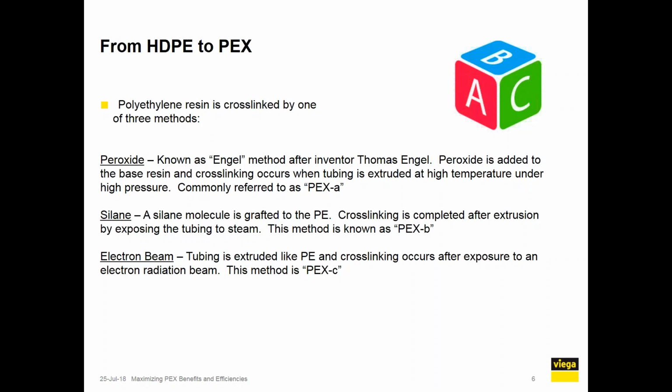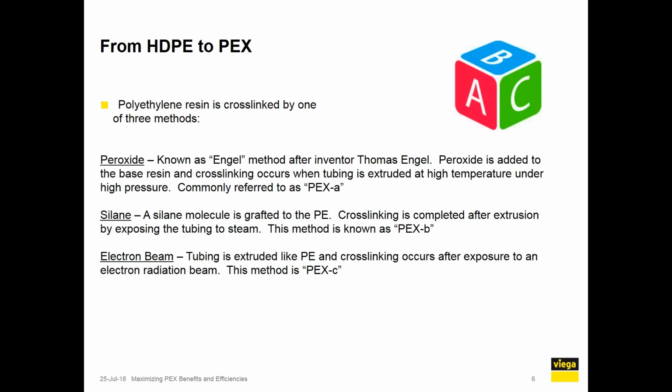So that first style mentioned here is peroxide, known as the Engel method as well, and it's where peroxide is added to the base resin and cross-linking occurs during the extrusion process. The second, PEX B, is the silane process, and the silane molecule is grafted to the polyethylene, and that cross-linking occurs after extrusion by exposing the tubing to steam.